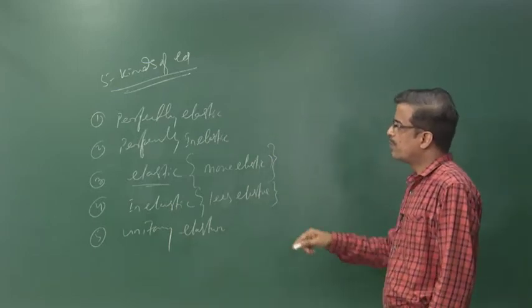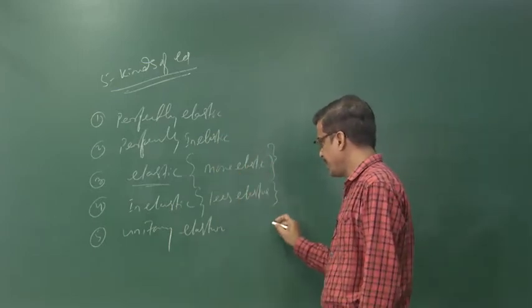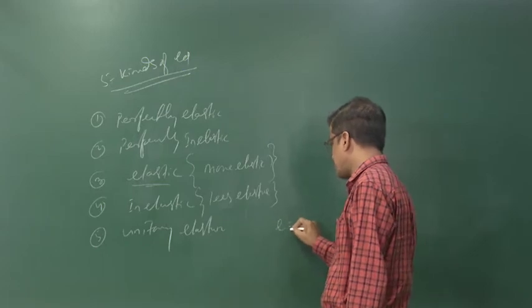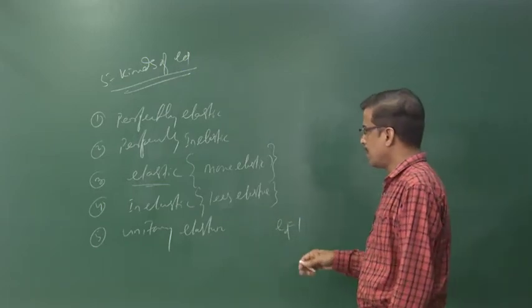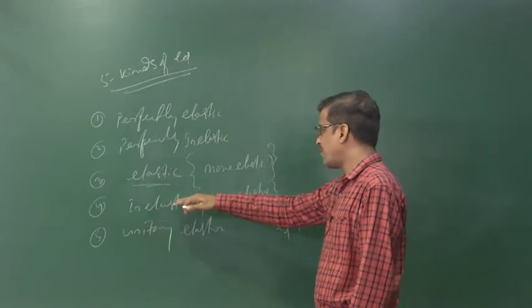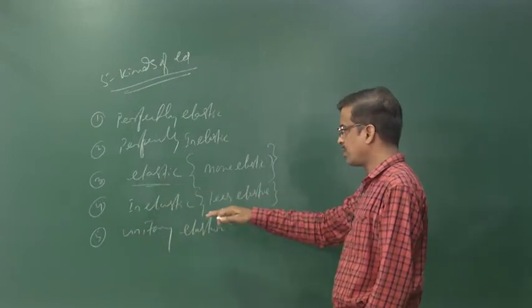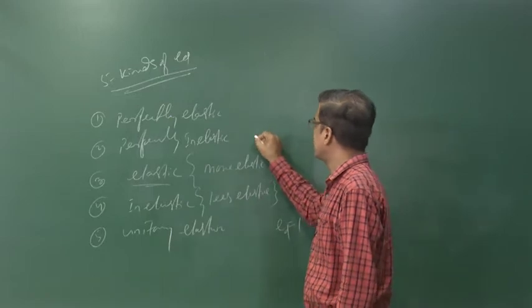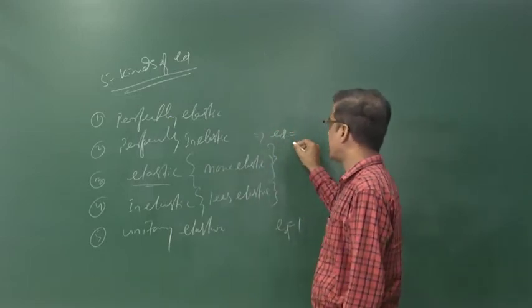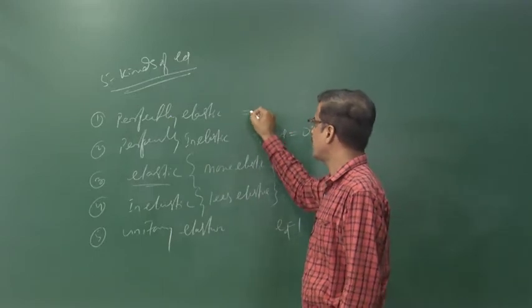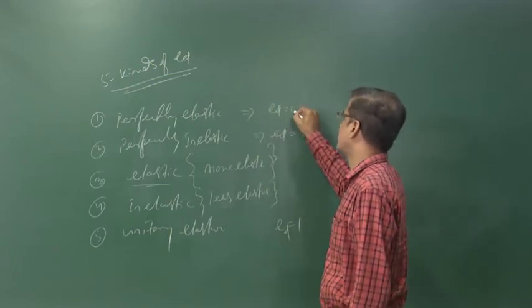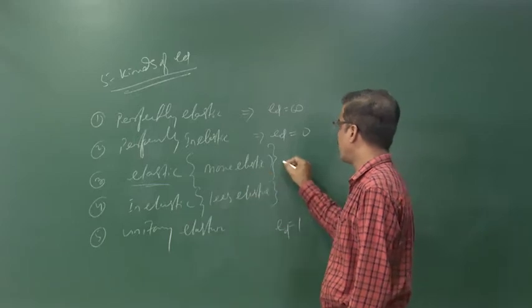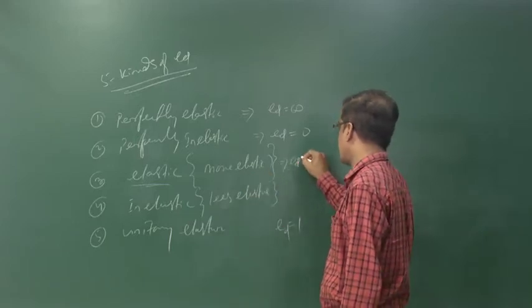right. When you take unitary elasticity, in this case elasticity of demand equals 1, unit means 1. In case of perfectly inelastic, elasticity of demand equals 0. When it is perfectly elastic, elasticity of demand equals infinity. If it is more elastic, then elasticity of demand is greater than 1.